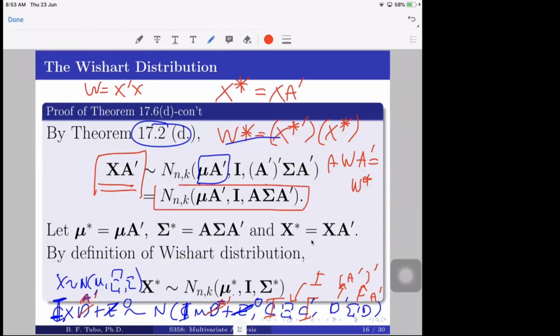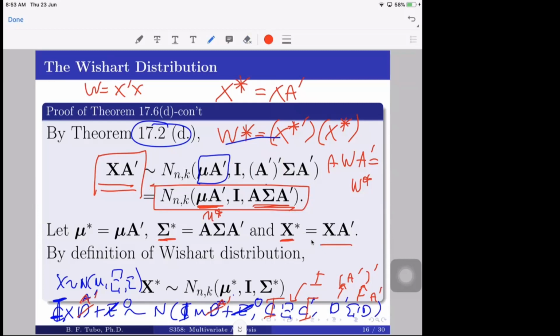So this is okay. And then this will become your mu star, this will become your sigma star, and your X star will be XA prime.